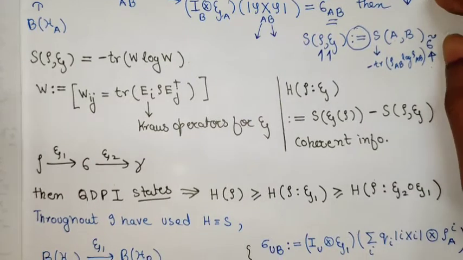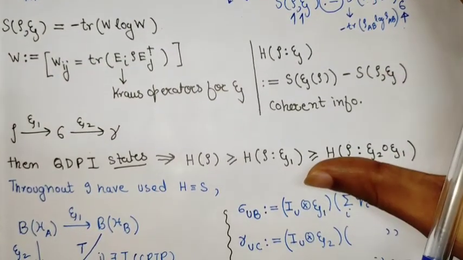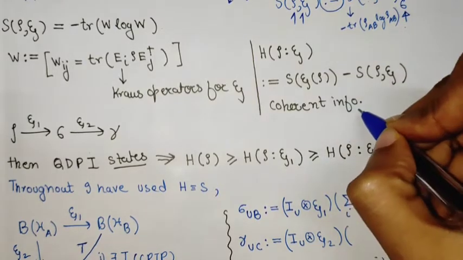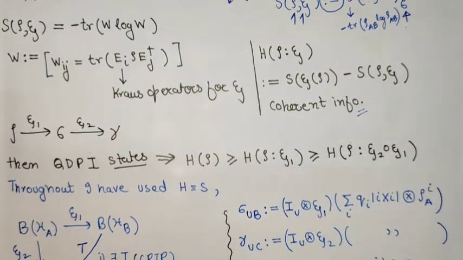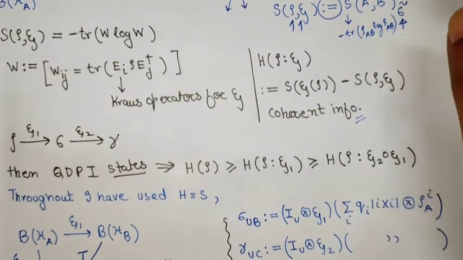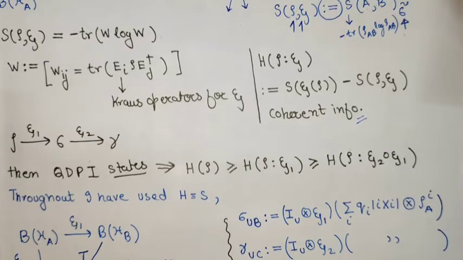And once we have defined this exchange entropy, we can construct something called the coherent information, which is almost the same as the mutual information that we discussed, because originally we gave the data processing inequality in terms of mutual information.